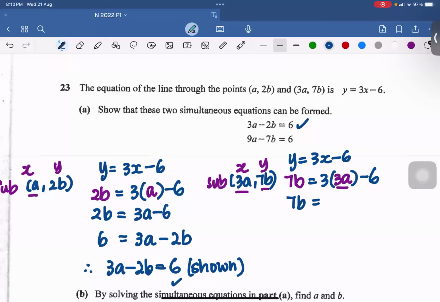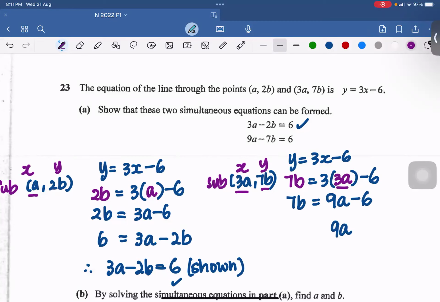Okay, so once we have this, simplify our equation. 7b equals to 3 times 3a minus 6, which is 9a minus 6. Okay, we observe, is it something that looks like that? Okay, got the numbers, but the position is different. Observe my 9a is positive. I'm going to keep my 9a positive.